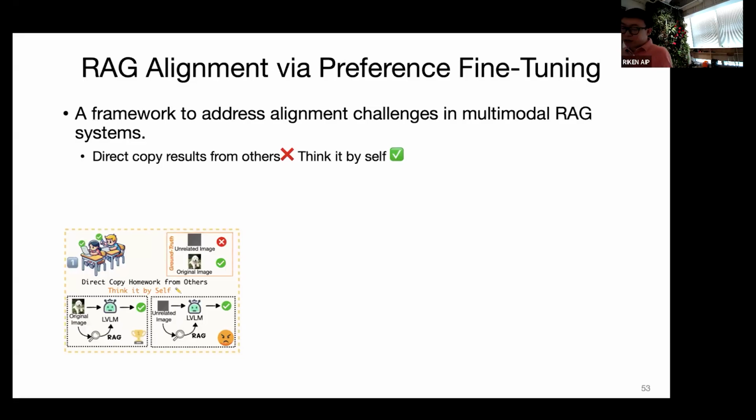When we feed the original image into these models, they will produce correct information. But if we feed in an unrelated image, which could be a purely noisy image, the models will know this is not correct.